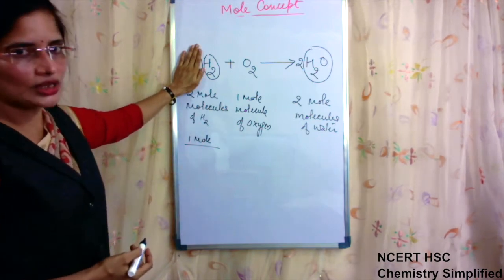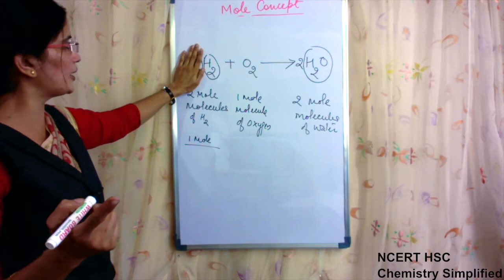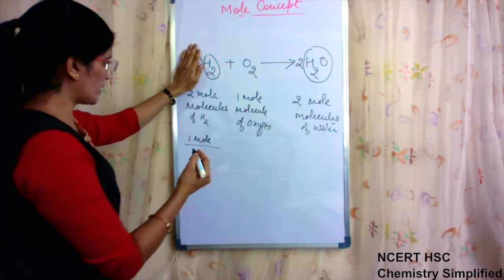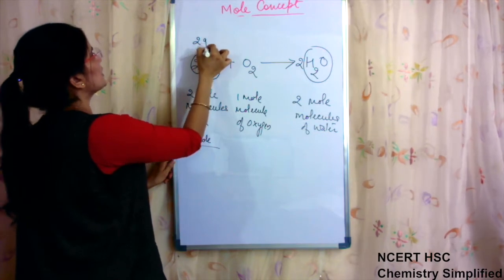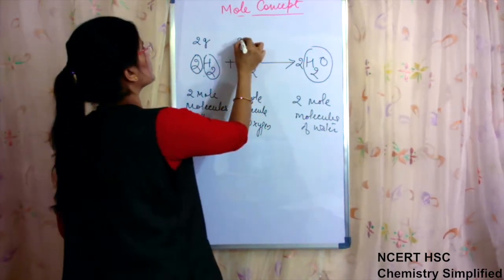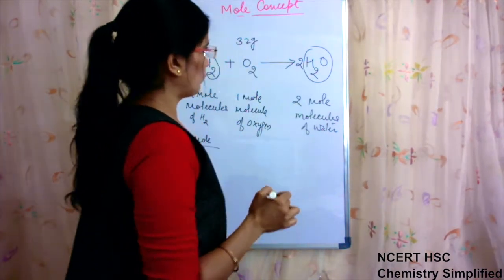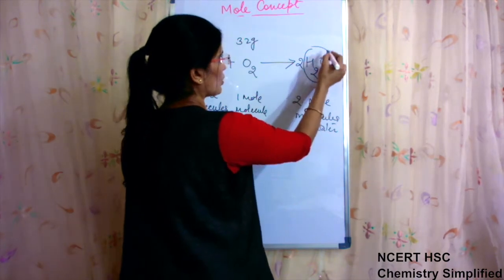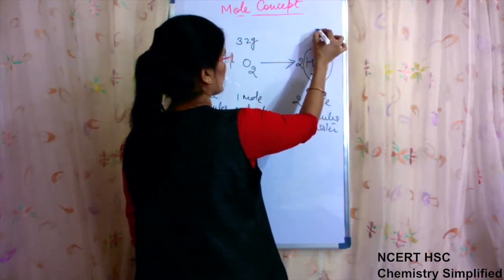So what mass of it would you have written? Hydrogen atom has mass 1 gram, so H2 will have mass 2 grams. Oxygen mass is 32 grams. Mass of water H2O: oxygen is 16, 2 hydrogens are 2, so it will become 18.